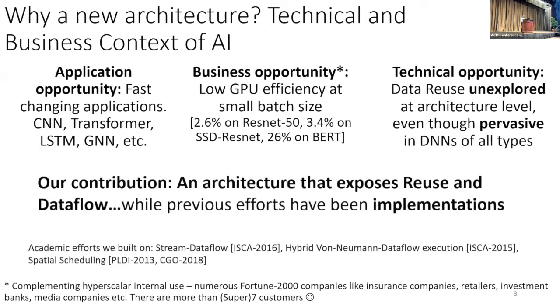So our technical contribution is an architecture, or the first architecture, that exposes reuse and data flow, while previous efforts have been largely implementations. And this builds upon a body of academic work that I was working on before founding the company. So that's why we want to do this.